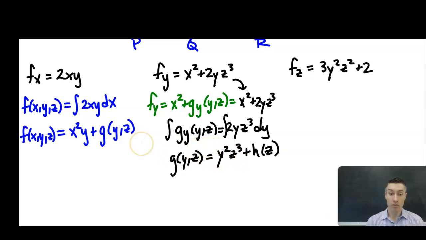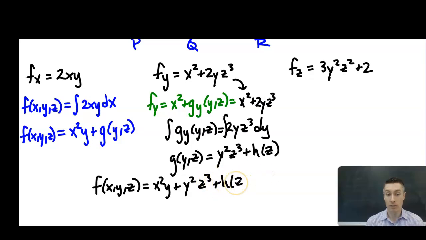And so right now, at this point, our potential function is x squared y plus y squared z cubed plus h of z. So then we can differentiate that with respect to z.